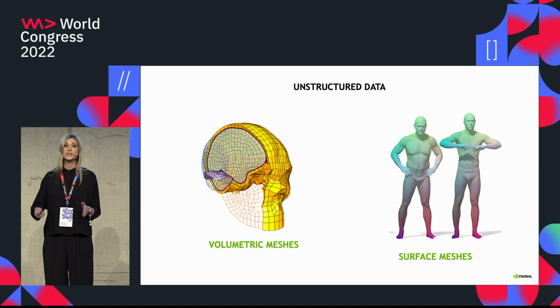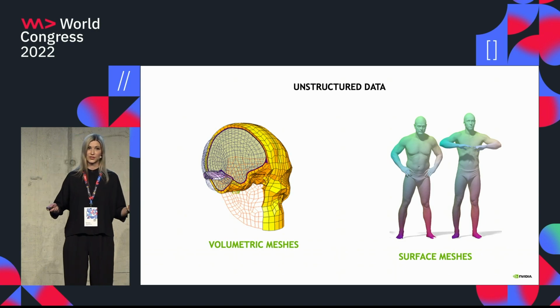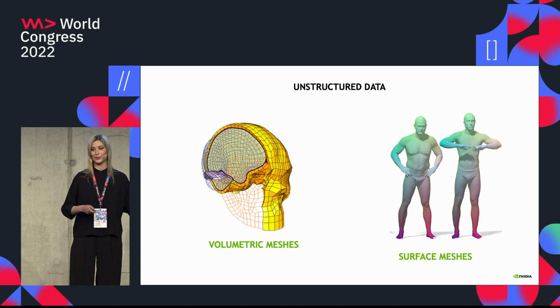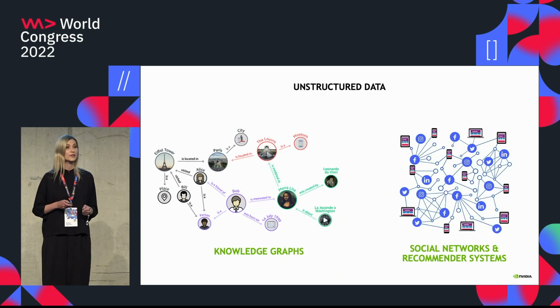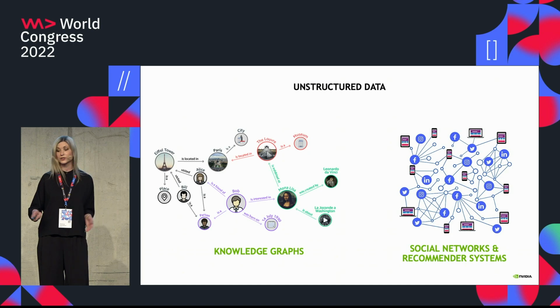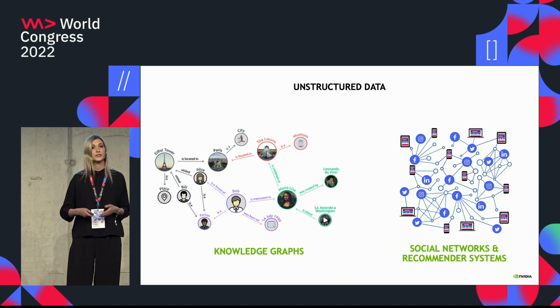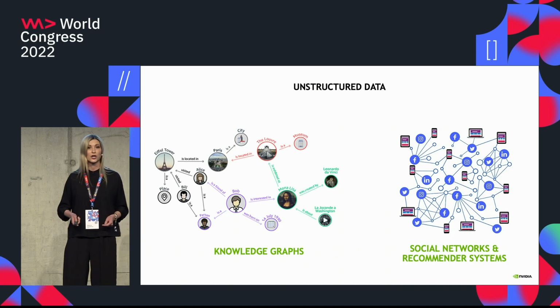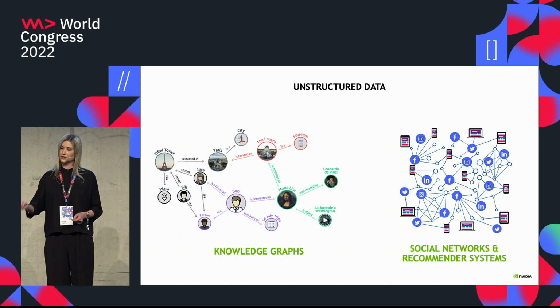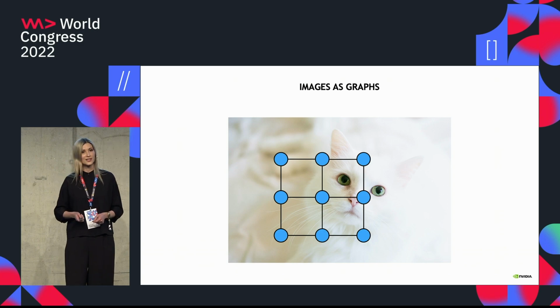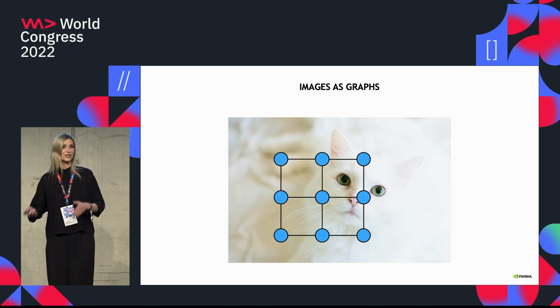So it's definitely a messier environment to work in compared to the structured domain. Other examples of unstructured data are social networks or recommender systems, and also knowledge graphs representing relationships between different objects.